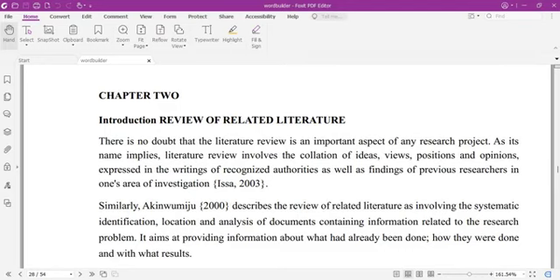You get all the information about what you want to work on. As its name implies, literature review involves the collation of ideas, views, positions and opinions expressed in the writing of recognized authorities, as well as findings of previous researchers in one's area of investigation. It's at 2003.